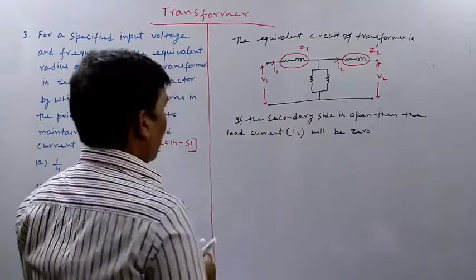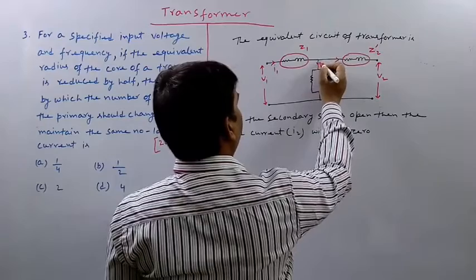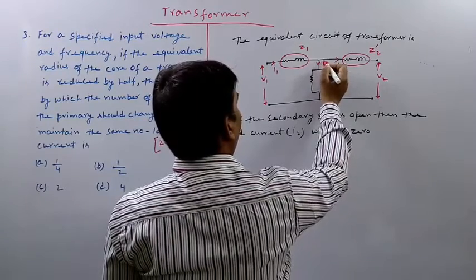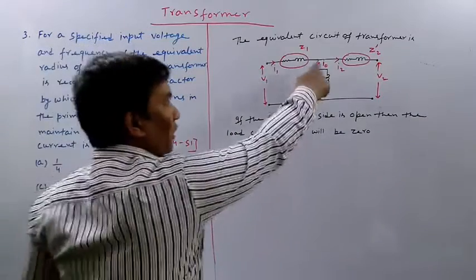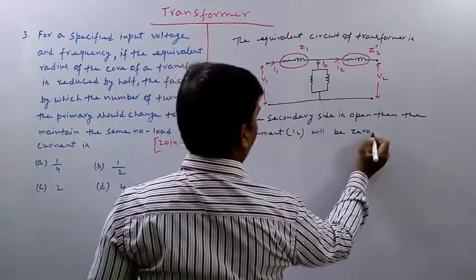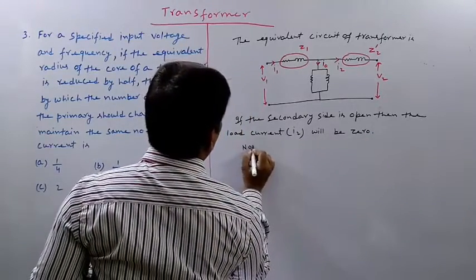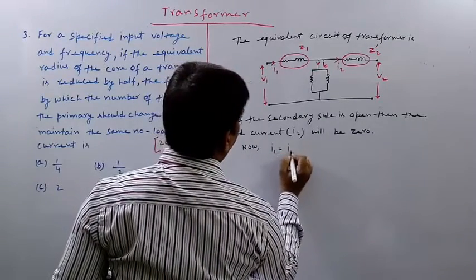So now I1 will be nothing but I0. This is the no load current. So the primary current I1 will be nothing but I0.